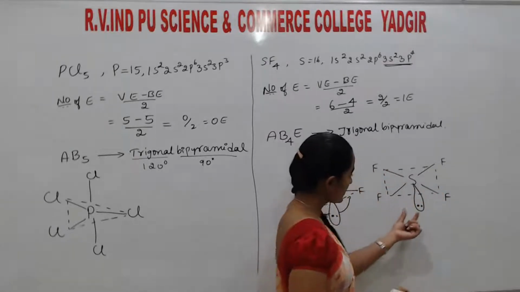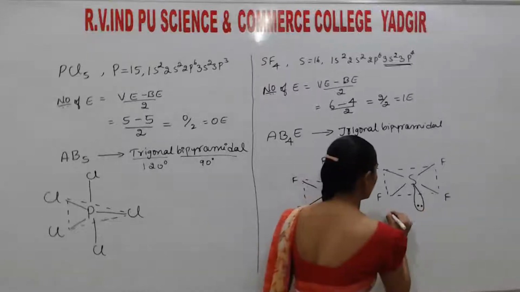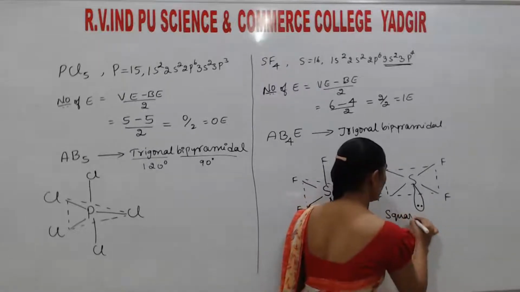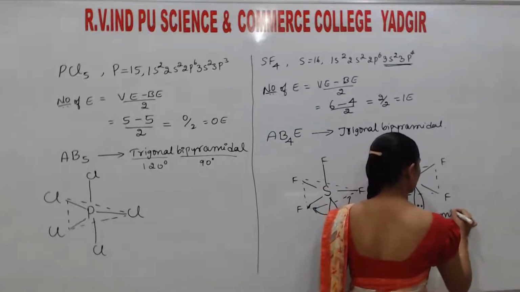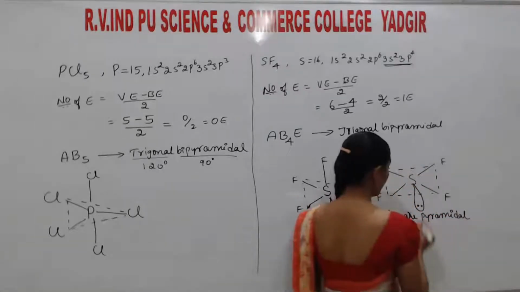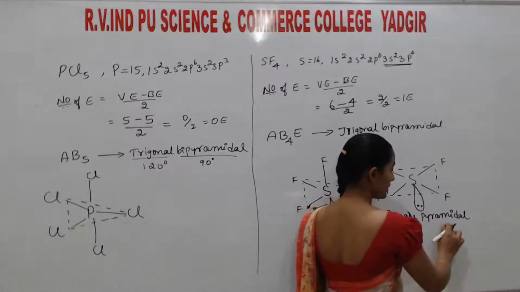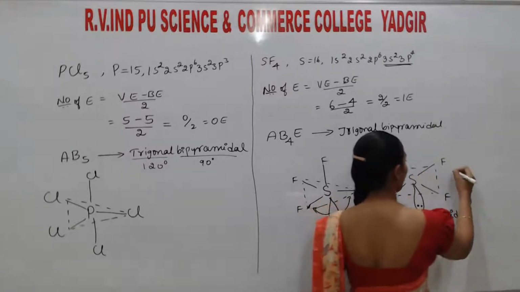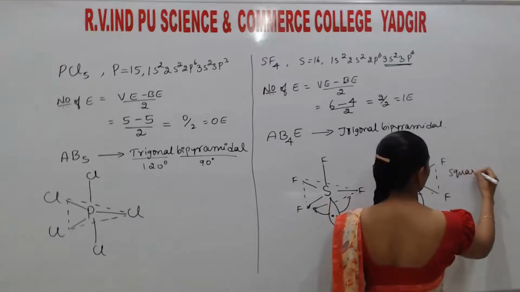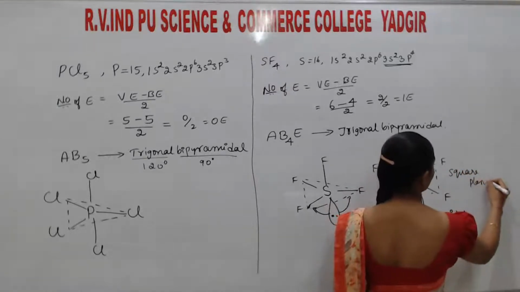So if we consider this lone pair, it is square pyramidal. If we consider only the bond pairs, then it is square planar.